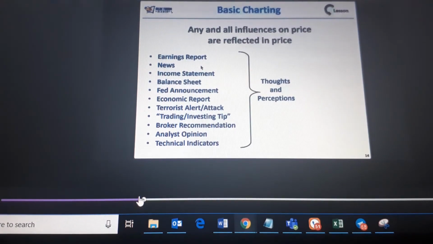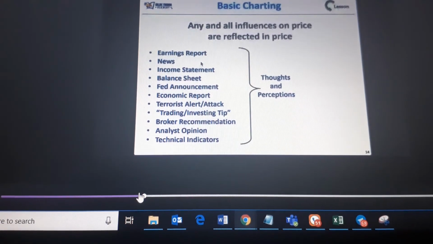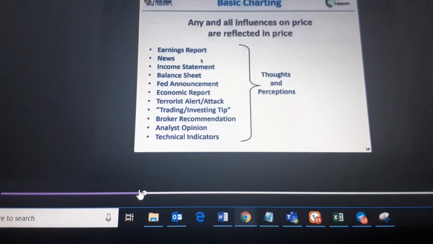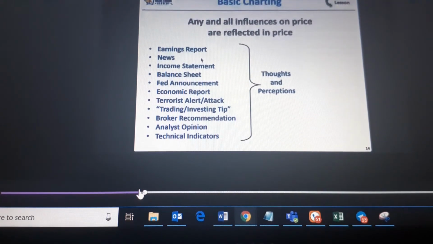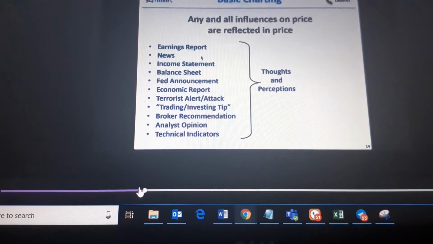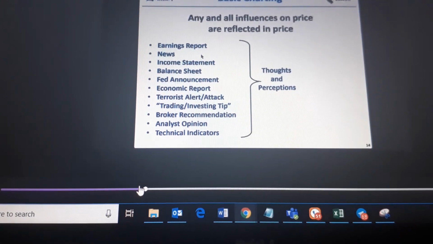Now, because of these instances like earning reports, news, income statement, balance sheet, what we do is we develop thoughts and perceptions. Let's suppose you have a gut feeling that this company's earning report is going to be negative. Okay, it's going to be in loss.